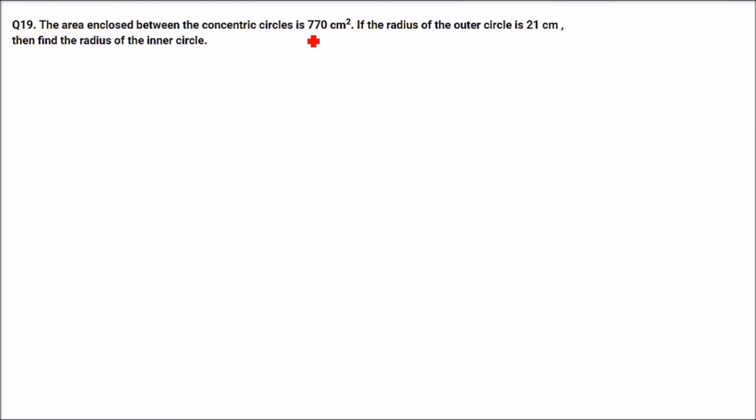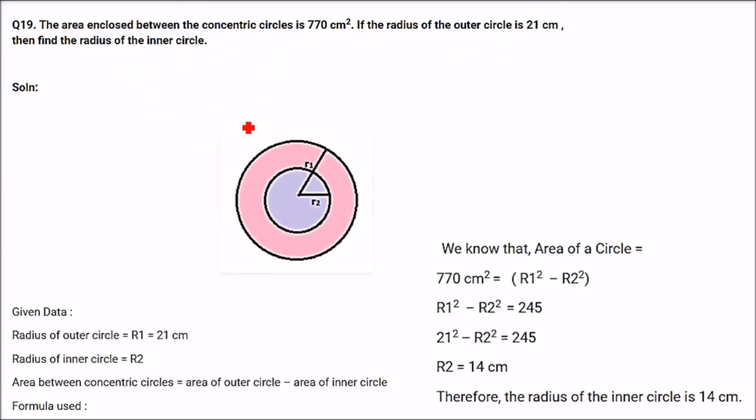The area enclosed between the concentric circles is this much. If the radius of the outer circle is 21 centimeter, then find the radius of the inner circle. Concentric circles means the center is the same for this circle and this circle also. We are given that the area enclosed between the concentric circles, the pink area, is 770.